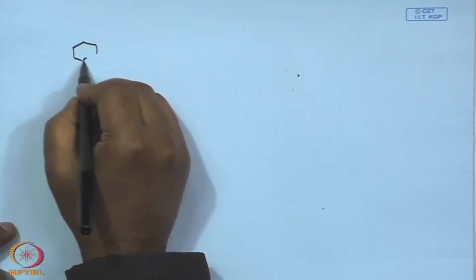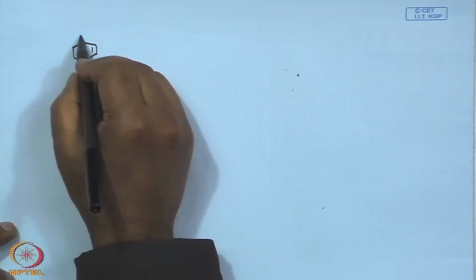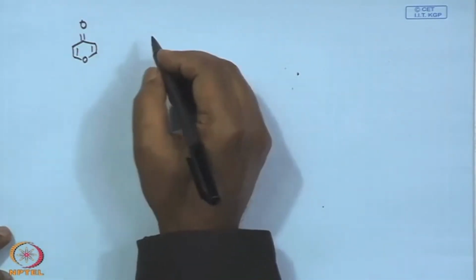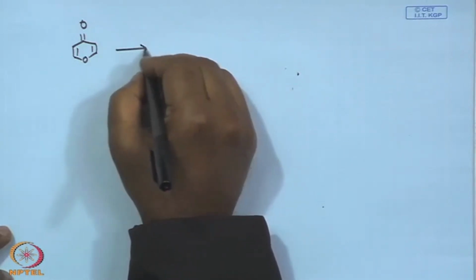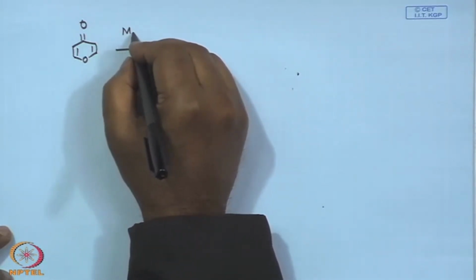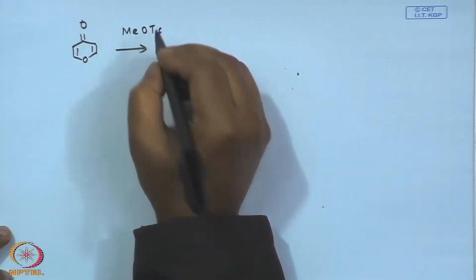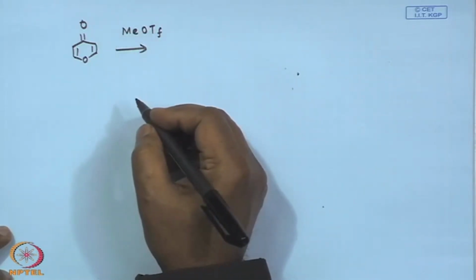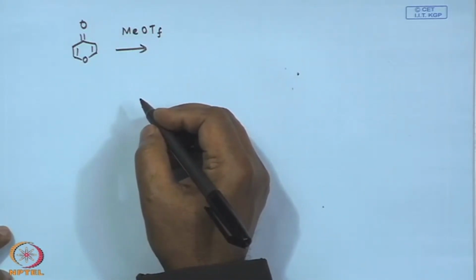What next? Next, if you have a carbonyl at the 4 position, that means a 4-pyrone system, then a molecule of this kind, for example a 4-pyrone, and if you treat this with, let us say, methyl triflate, what is expected?